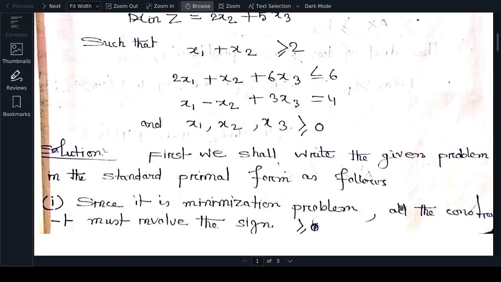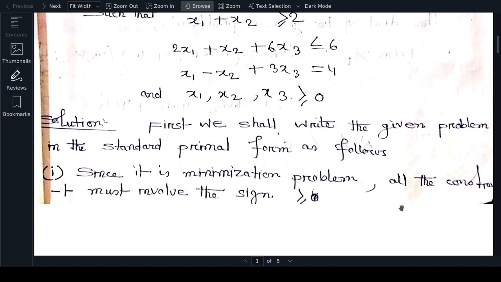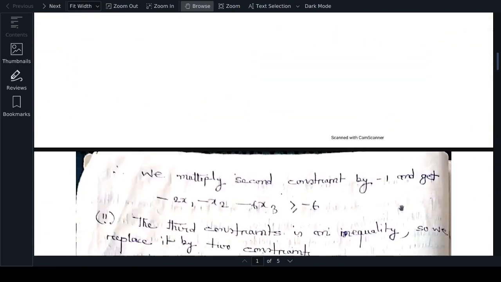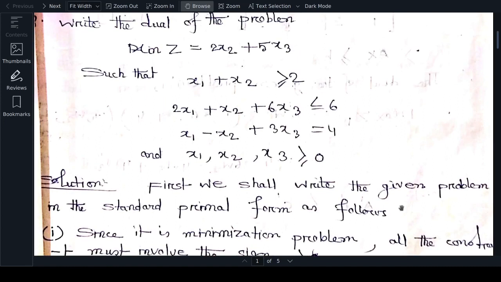Here the first constraint has greater than, and the second constraint has less than. So the second constraint we make into greater than by multiplying both sides by minus 1. And the third constraint has an equality symbol. So how to write the third constraint?